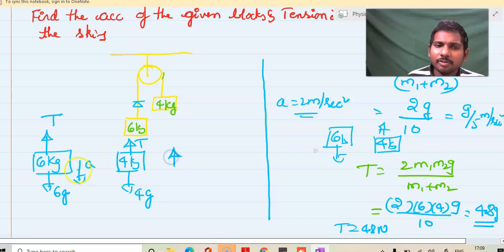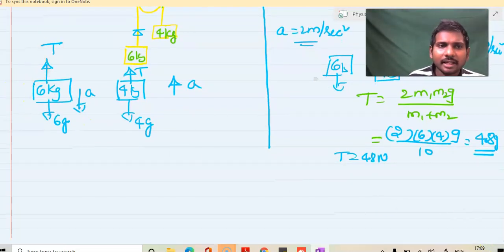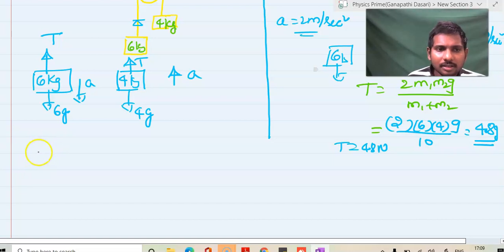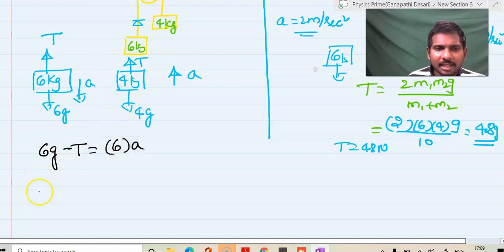Then the 4 kg block will go upwards with acceleration a. So by drawing the equations, since the bigger force 6g is going downwards, 6g minus T is equal to 6 into a. Similarly, T, the bigger force, minus 4g is equal to 4 into a.